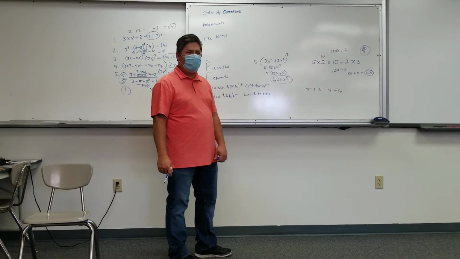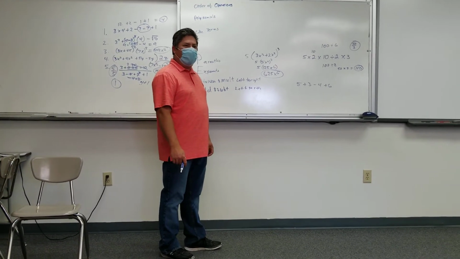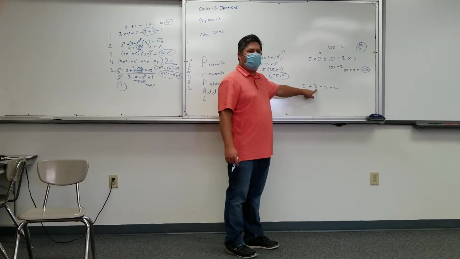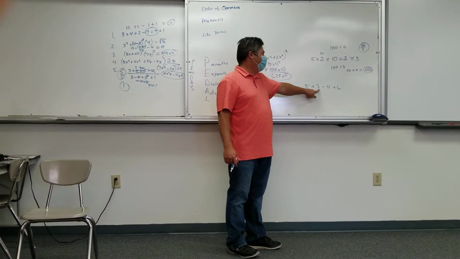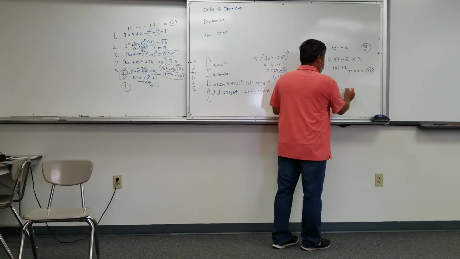Again, just a little Facebook question that they usually have, things like this, to make people look dumb. And you should just go left to right, right? So I should do 5 plus 3 is 8 minus 4 is 4 plus 6 is, that should be 10.